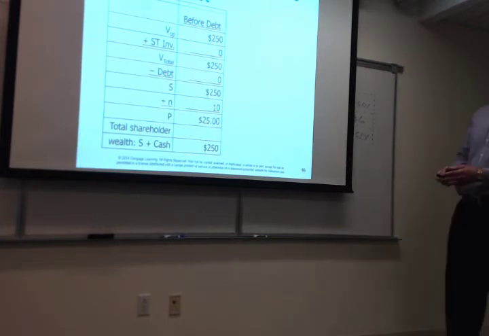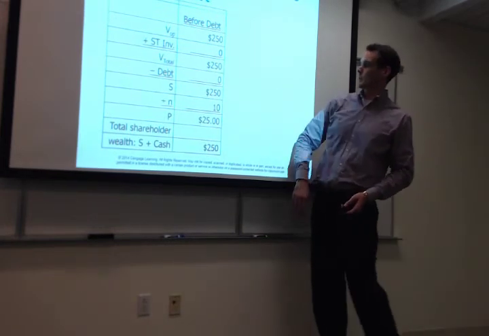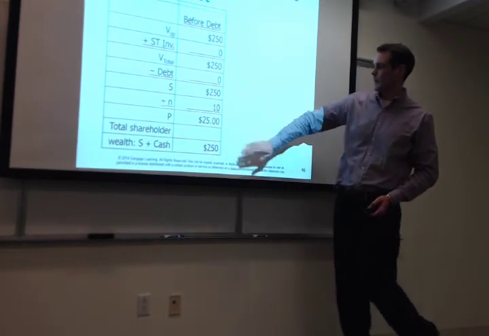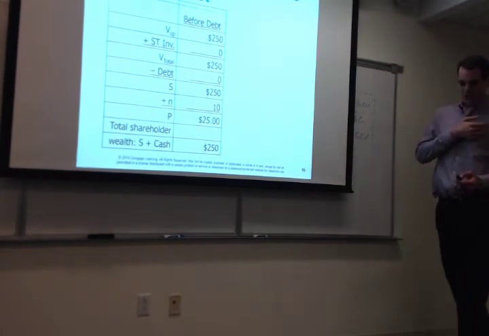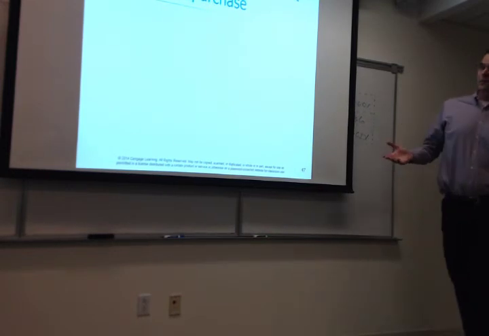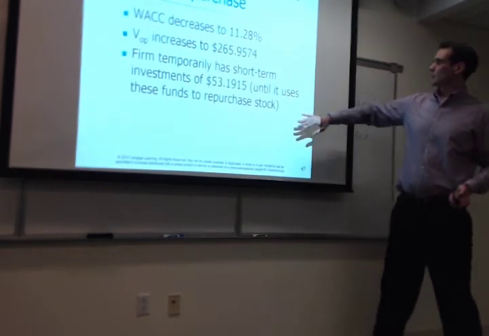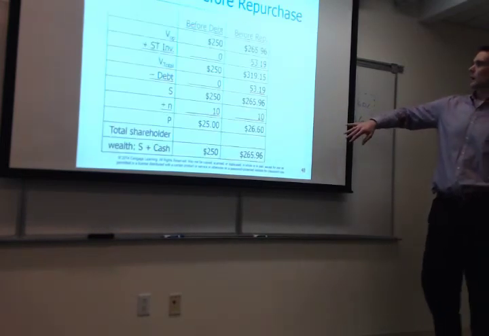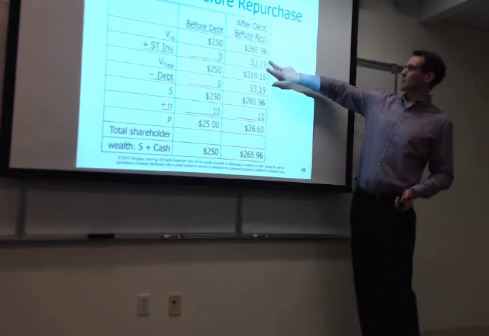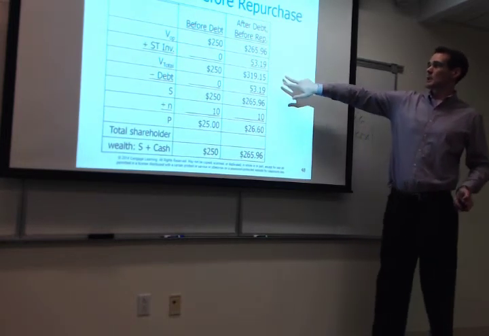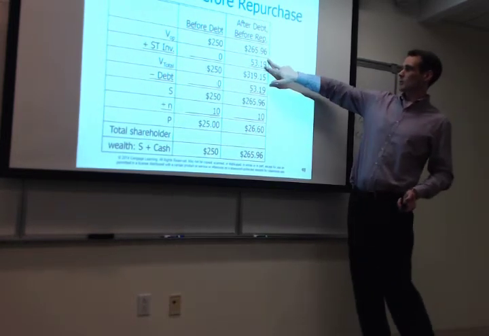So before debt, we had a value of operations $250 million. We had a stock price of $25 per share. Now we go to the investment banker. The investment banker gives us $53.19 million in cash.